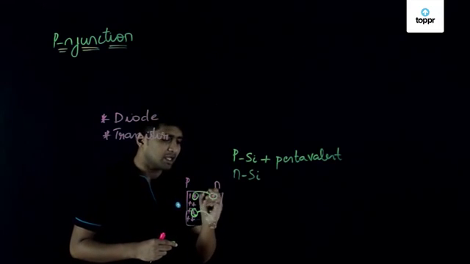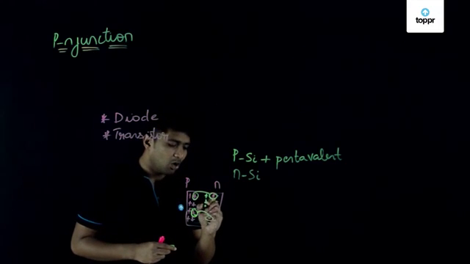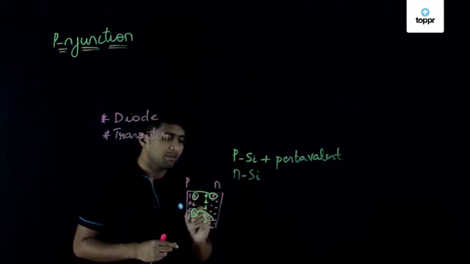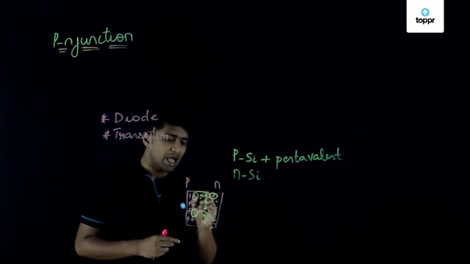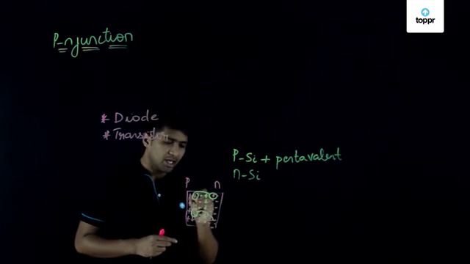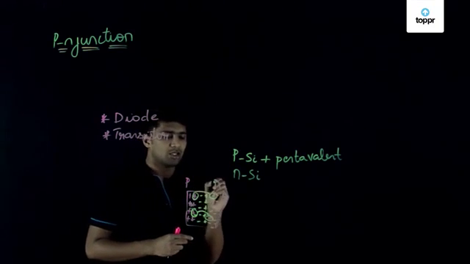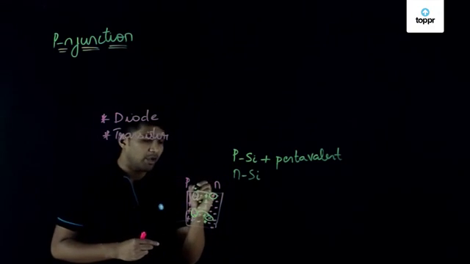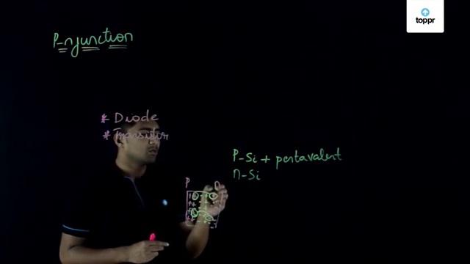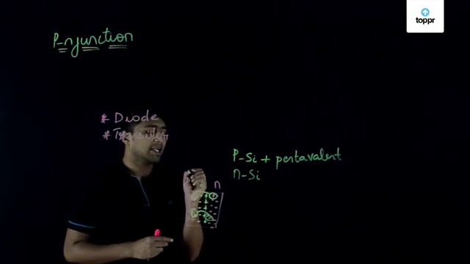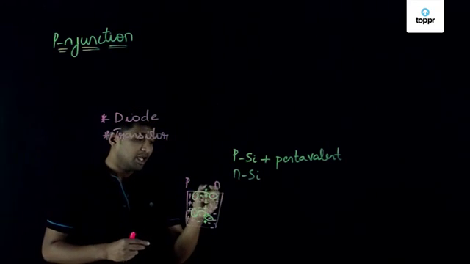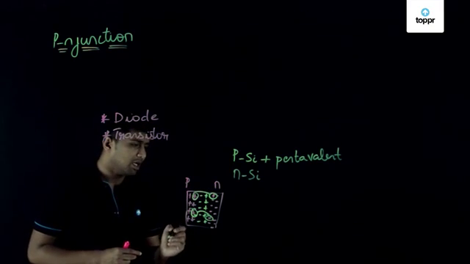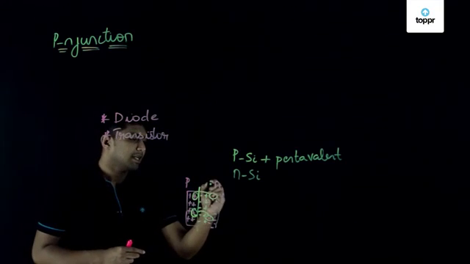Near the n side, we will have positive charges, and on the p side we will have negative charges, right? When the hole, the positive charge carrier, moves towards the n side, it leaves a negative charge behind, and when the negative charge carrier jumps to the positive side, it leaves a positive charge behind, right?